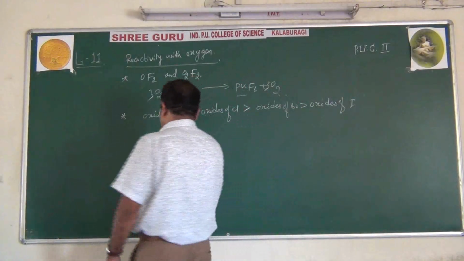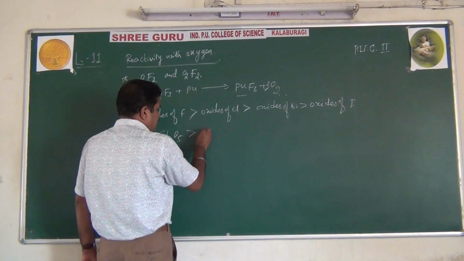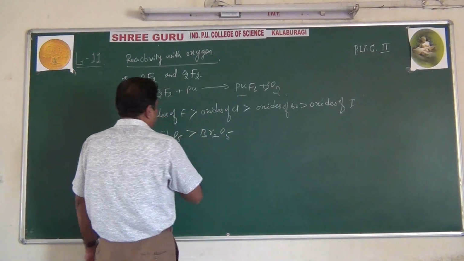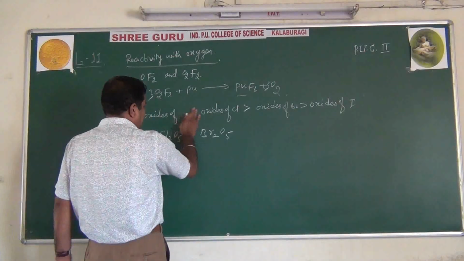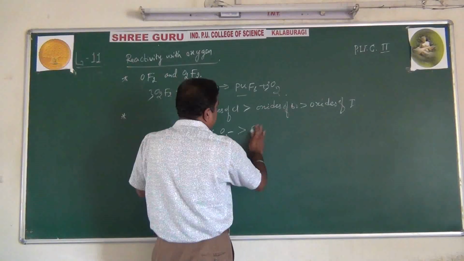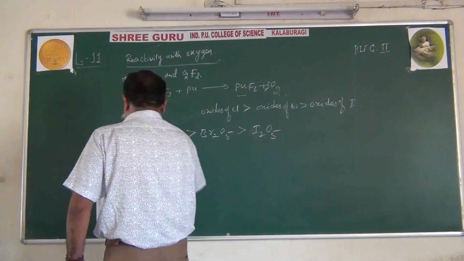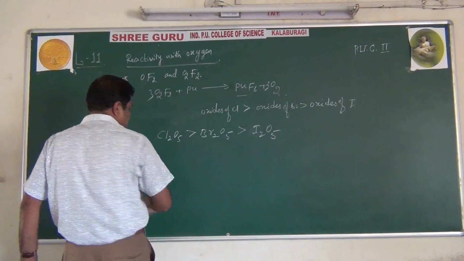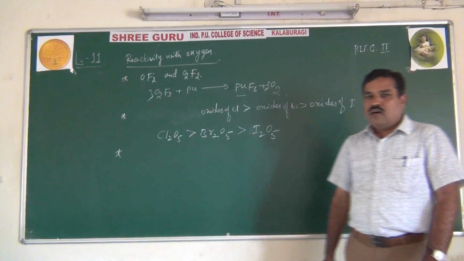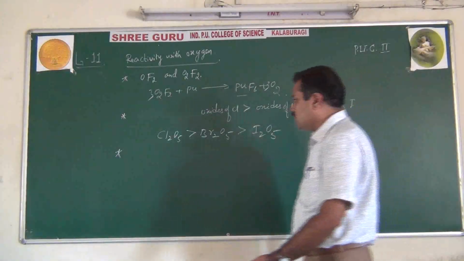That means Cl2O5 is more stable than Br2O5 and even I2O5. Got it? Oxides in the higher oxidation state are more stable than those in the lower oxidation state, which are not stable.